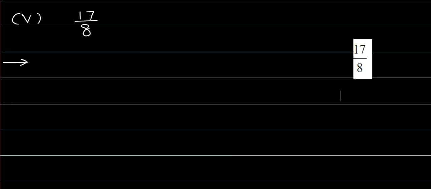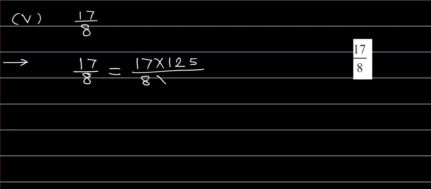Now the next example, that is 17 upon 8. Again the denominator is 8, therefore it is a terminating type, and we can multiply the numerator and denominator by 125.